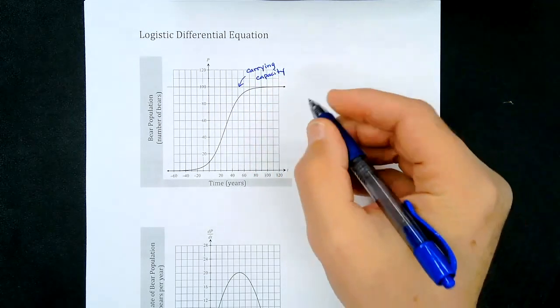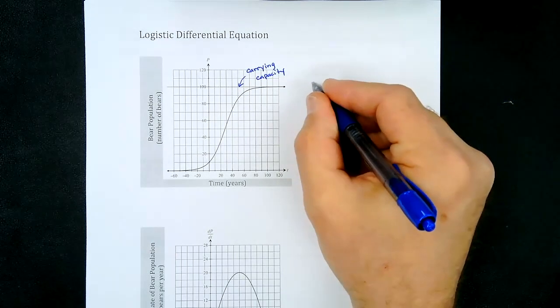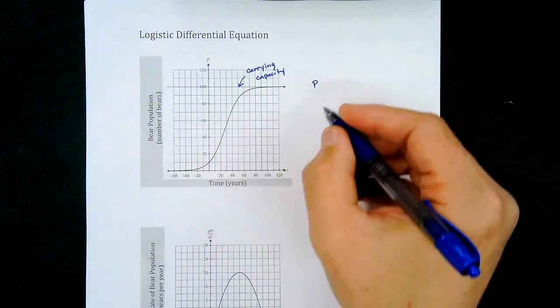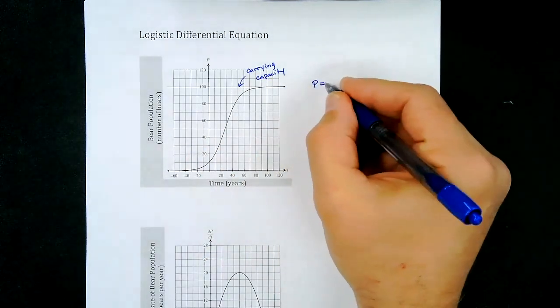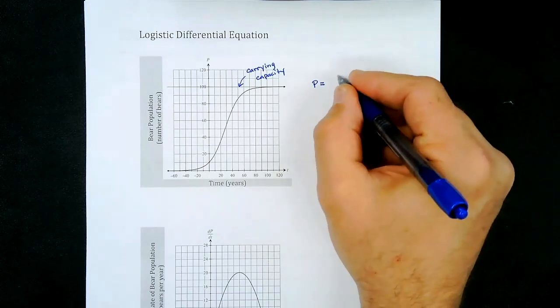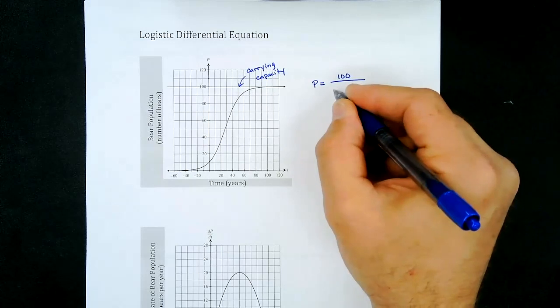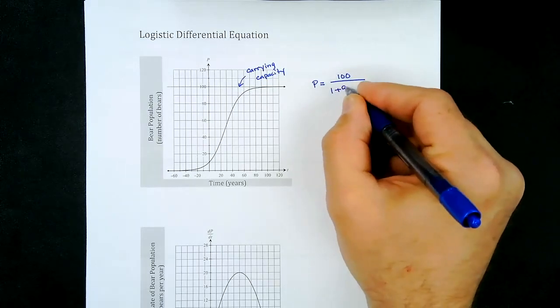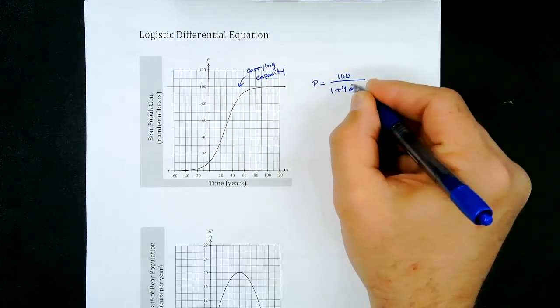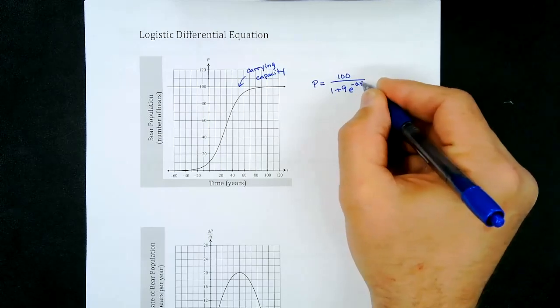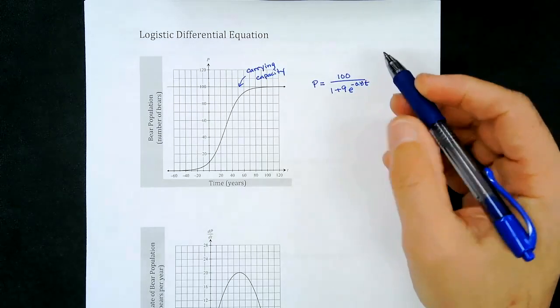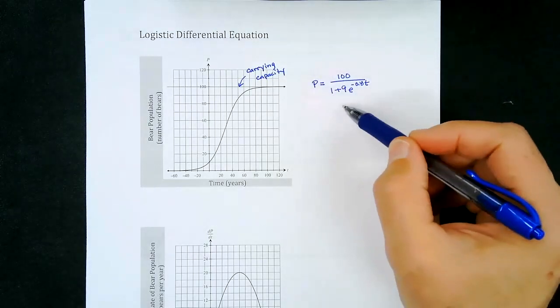And a logistic function always looks like this. It's for population, for a given period of time. In this particular equation it's going to be 100 over 1 plus 9e to the negative 0.8t. A logistic function always takes on this form.